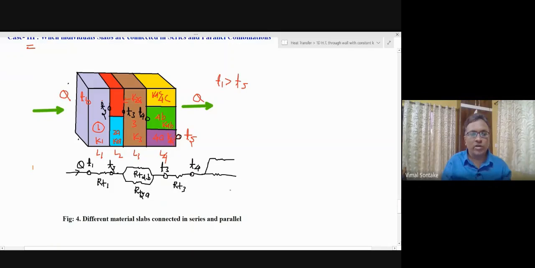So they are going to offer three thermal resistances represented by RT4A, RT4B, RT4C between temperature limits T4 and T5.